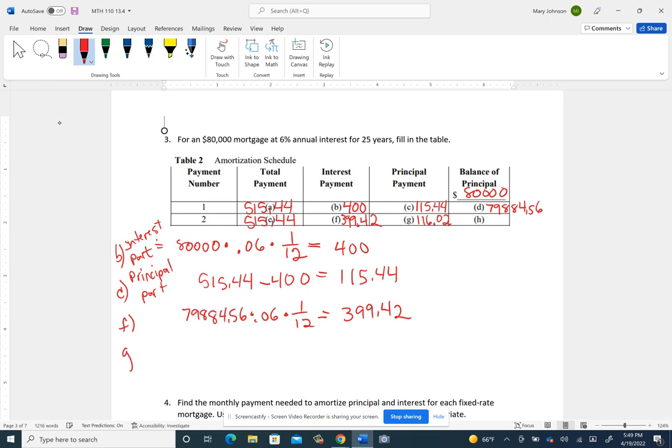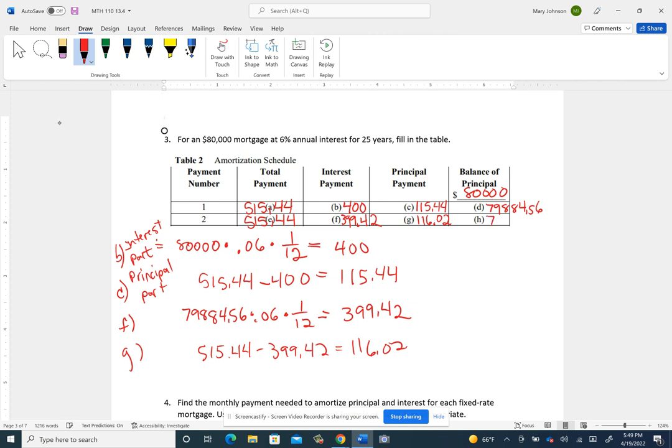So for G, you take the payment and you subtract the amount going for interest, and that's going to give you the amount that's being used to pay down the principal. All right, so now I'm going to take that old $79,884.56 and subtract the $116.02.